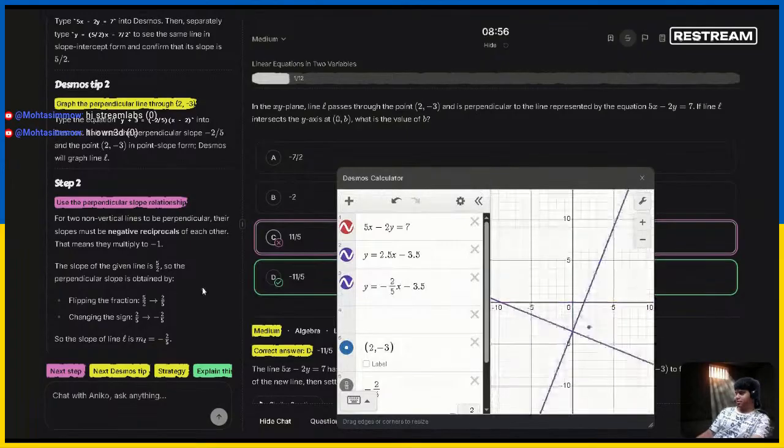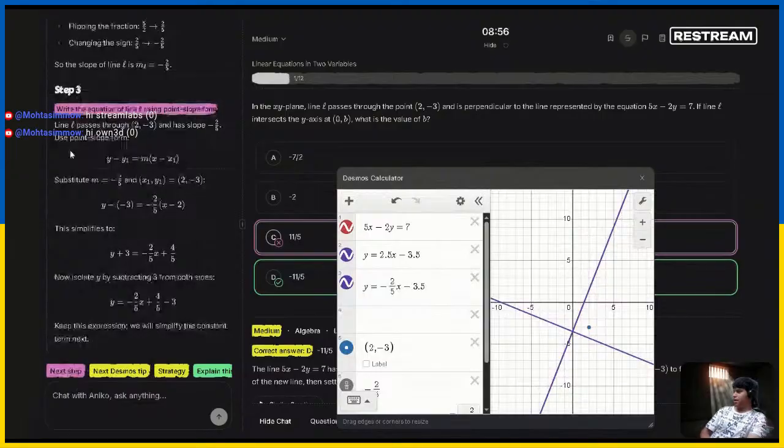Okay, what was I saying? Oh yeah. So the slope of line L is negative 2. Yeah, but it doesn't go to the point. Line L passes through. No, it doesn't. Does it?